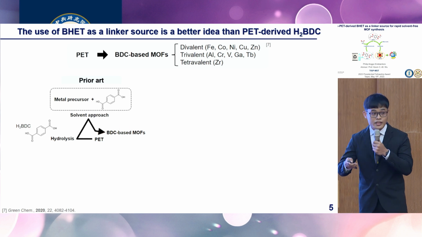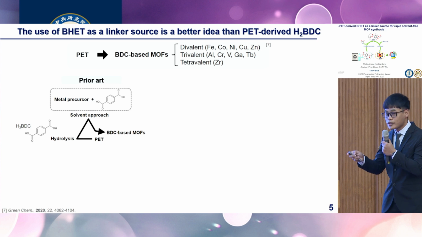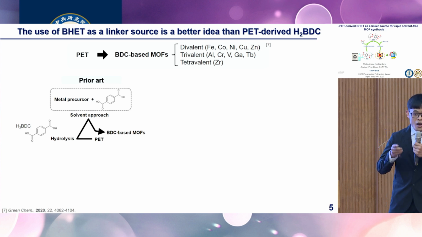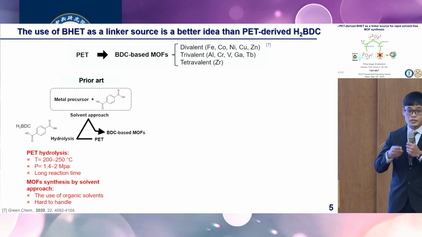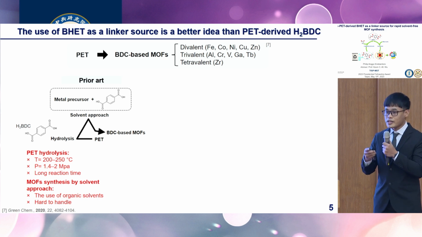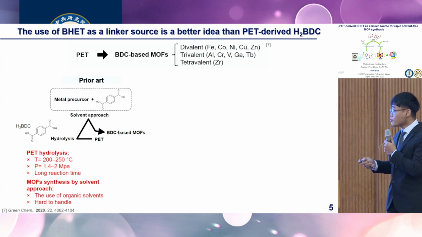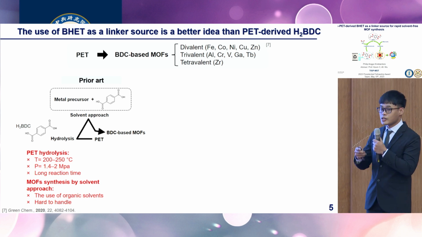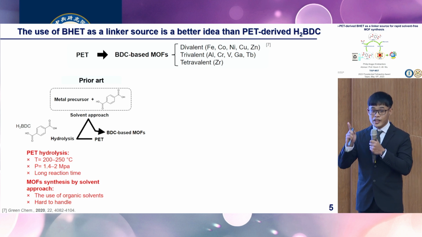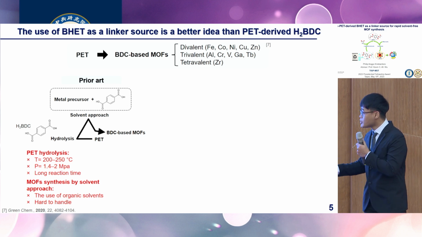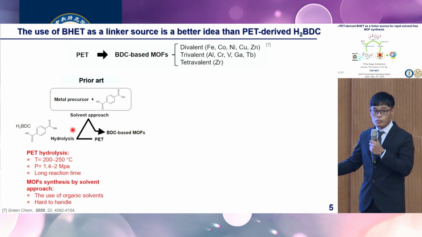Although this pathway is already very good, it has some major drawbacks. For instance, PET hydrolysis is a reaction that requires harsh conditions, and MOF synthesis by the solvent approach is simply not green because it uses a large amount of organic solvents. Therefore, what if instead of this pathway, we develop our own pathway?